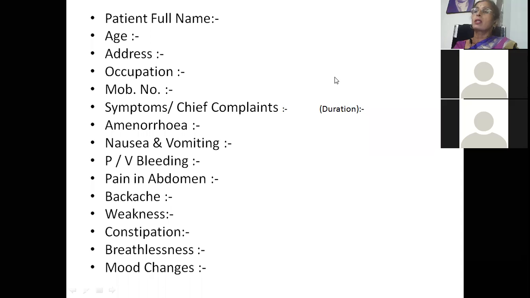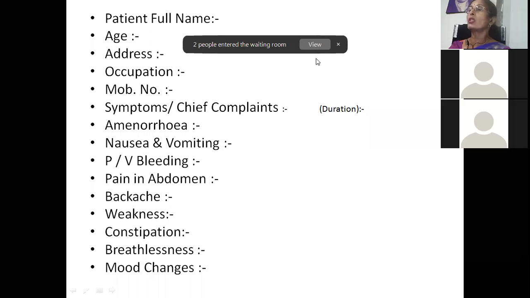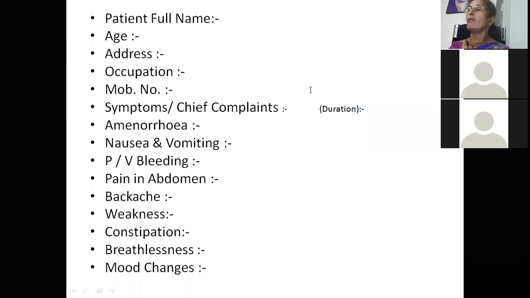Then is the age. As we know, females are divided into the first 12 years of life, that is childhood, then they enter into puberty, then start the first menarche, and after 2 years, the reproductive period. Generally, it starts from 20 years of life up to 40 to 45.